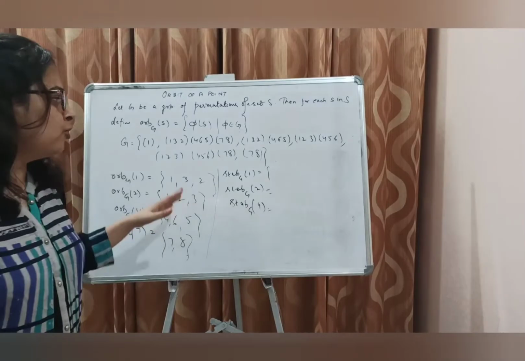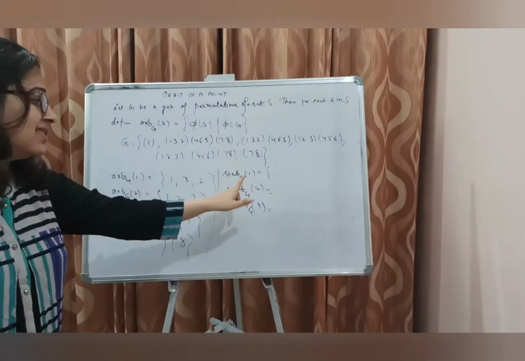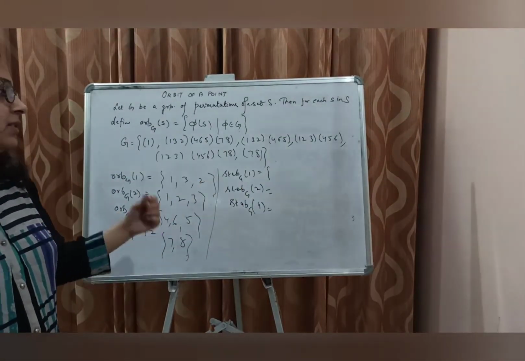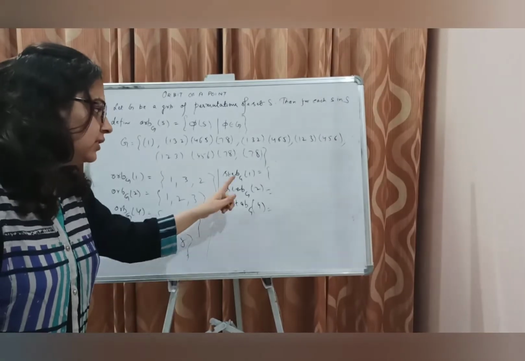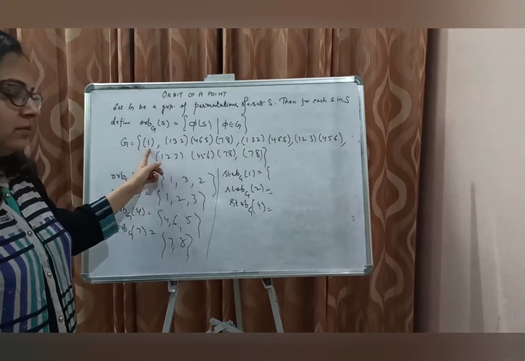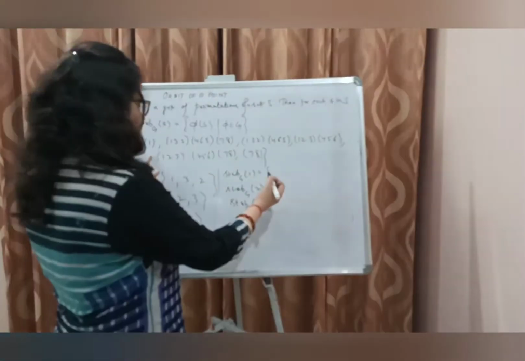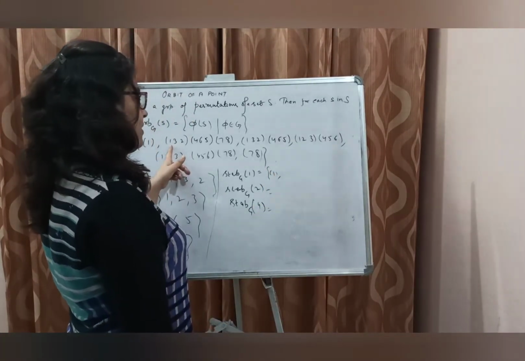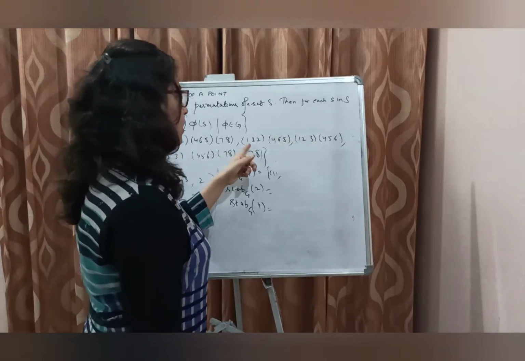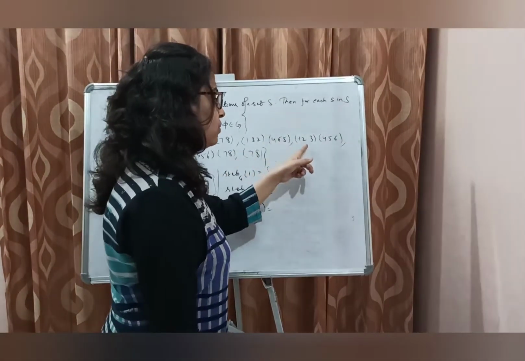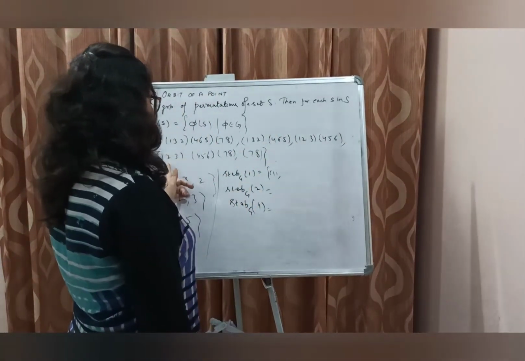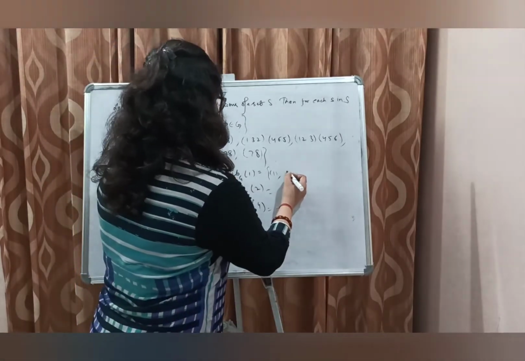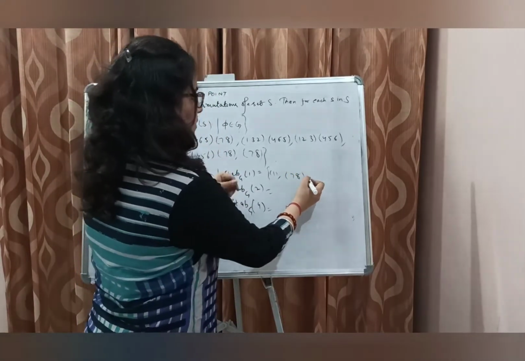It is a collection of all permutations in G that stabilize that point. That means it is a collection of all permutations in G that send 1 to 1. The identity permutation sends 1 to 1. So this will be a collection of permutations. Here when 1 goes to 3, no. 1 goes to 3, again 1 goes to 2, 1 goes to 2, no. And here 1 is fixed.